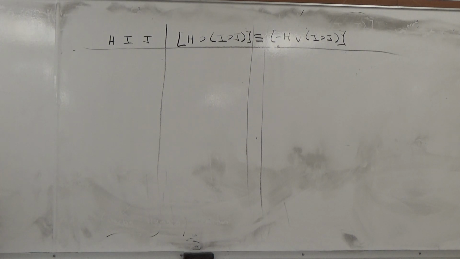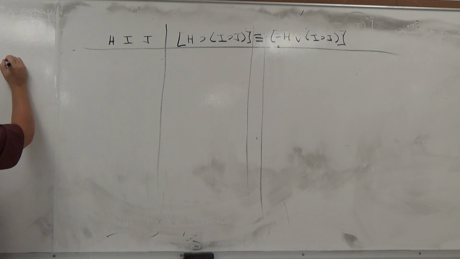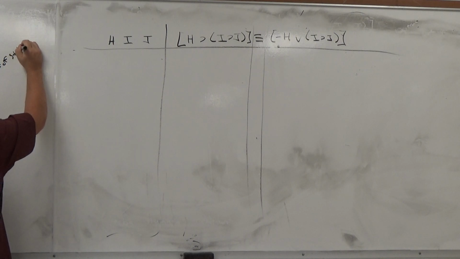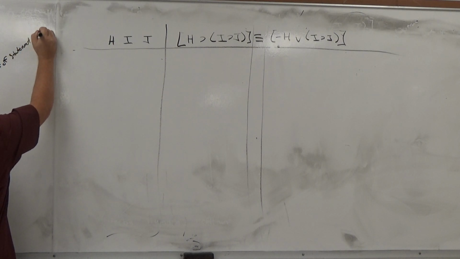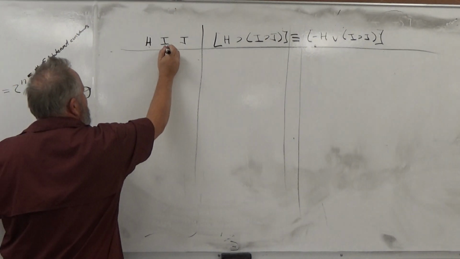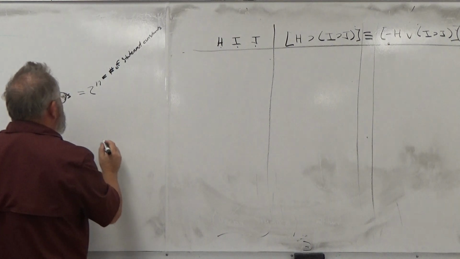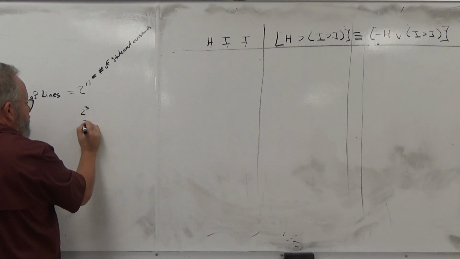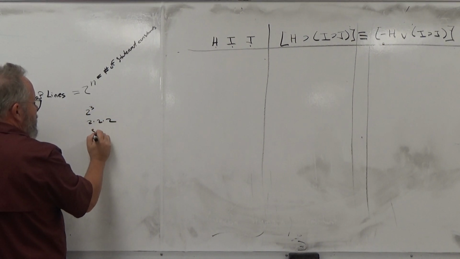The number of lines, or interpretations, or combinations is equal to 2 to the nth, where n is the number of statement constants. How many statement constants do we have? 1, 2, 3. So how many lines will we need? 2 to the 3rd, which is 2 times 2 times 2, which is 8.